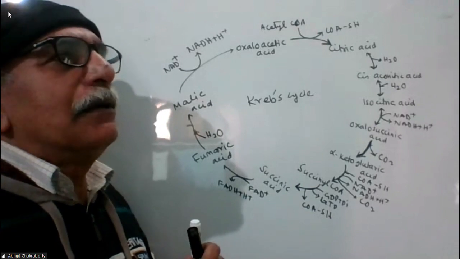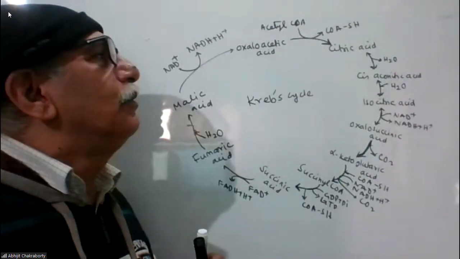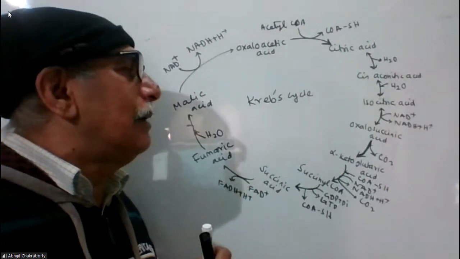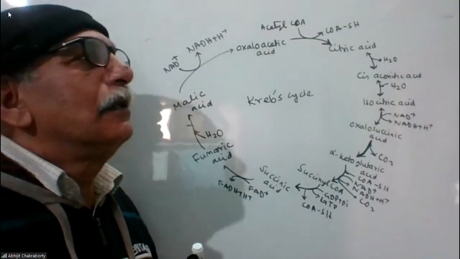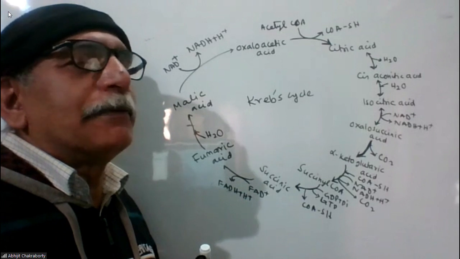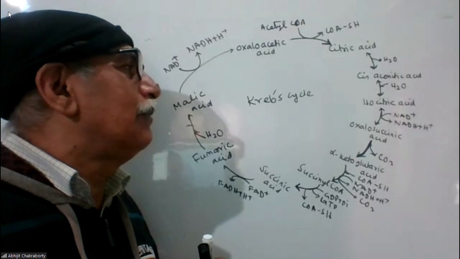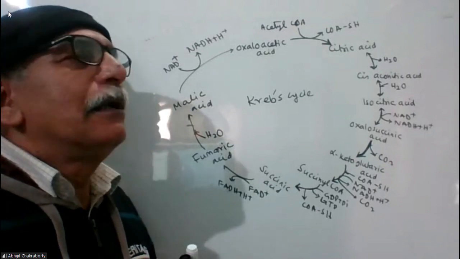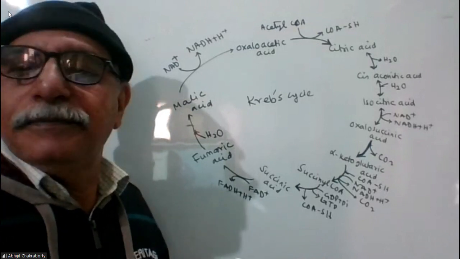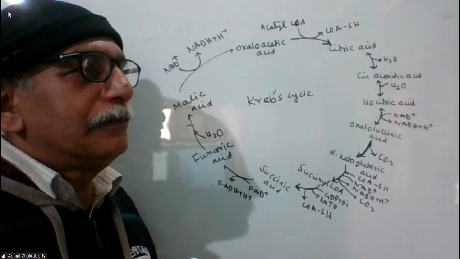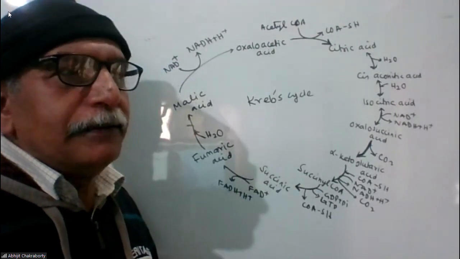Remember this thing. Now, secondly, most important thing here: do you know in no step of Krebs cycle does oxygen take part, but Krebs cycle cannot be operated in absence of oxygen. Are you getting me? If you go to all steps of Krebs cycle, in no step oxygen takes part, but in absence of oxygen, Krebs cycle cannot be operated.